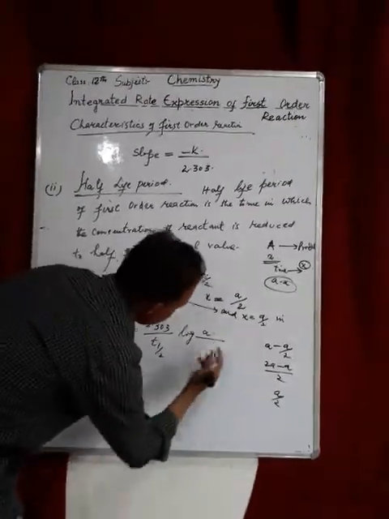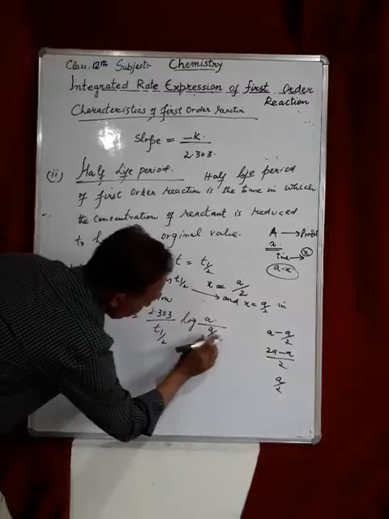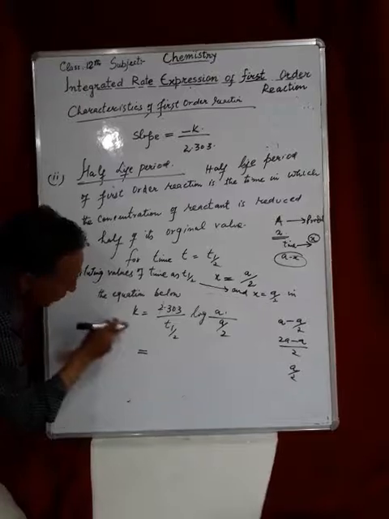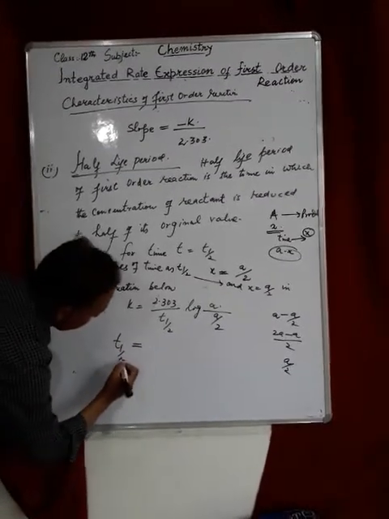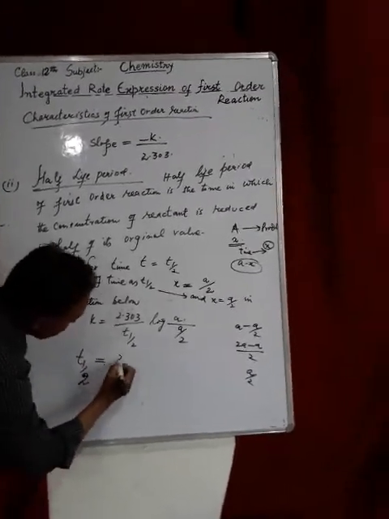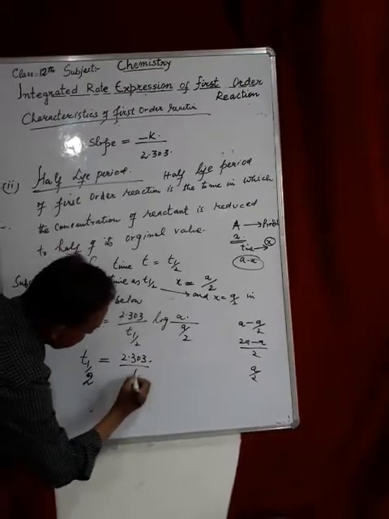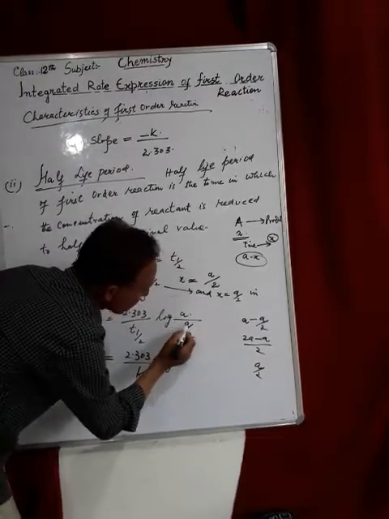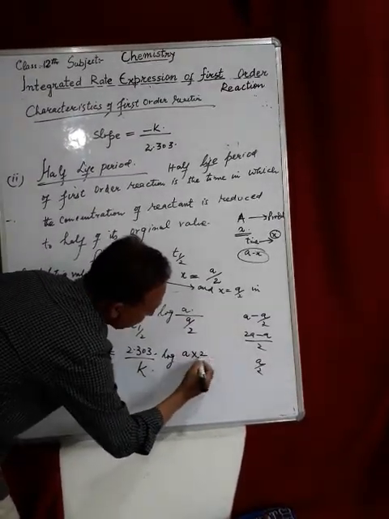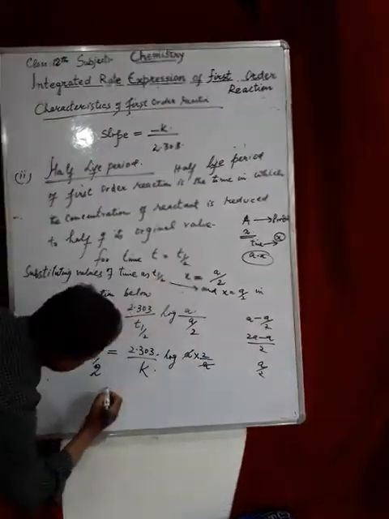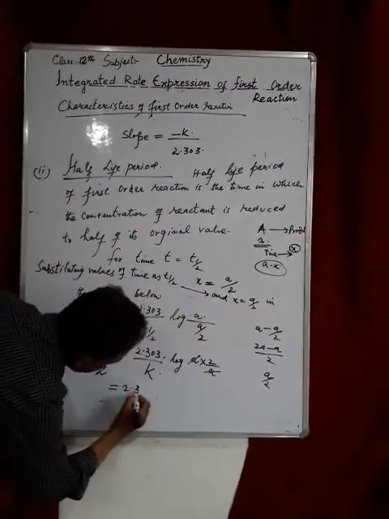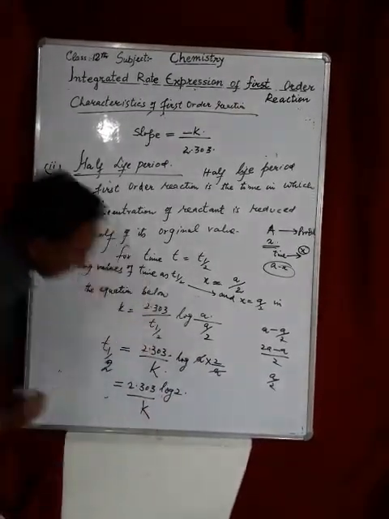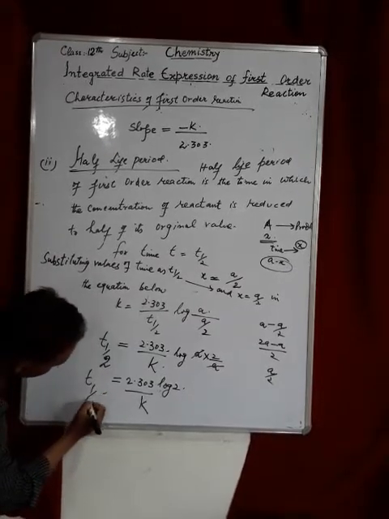We want the value of t half, so by cross multiplication, t half is equal to 2.303 divided by k, log of a whole divided by a by 2, that is a into 2 by a. a cancels, so t half is 2.303 log 2 divided by k.